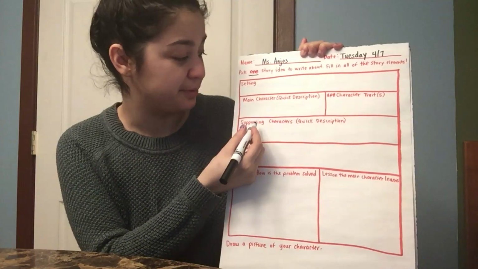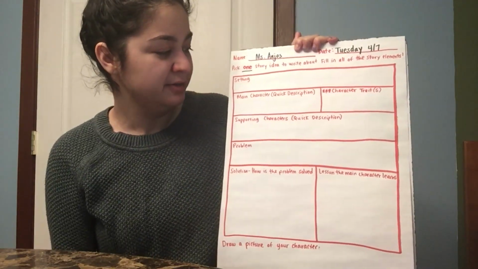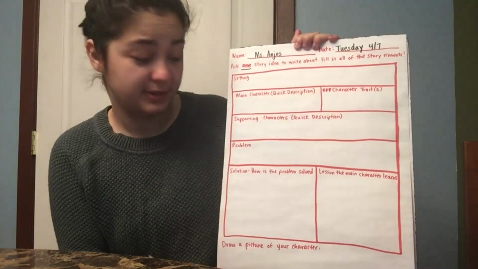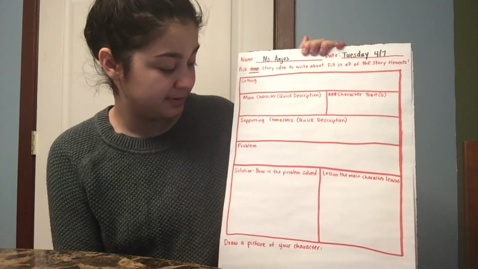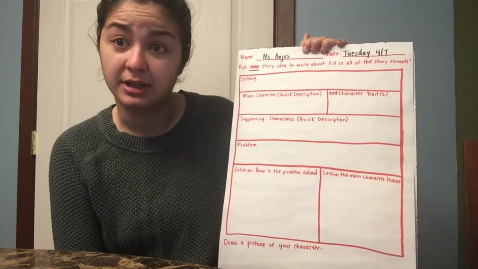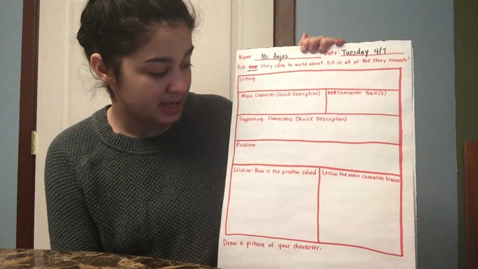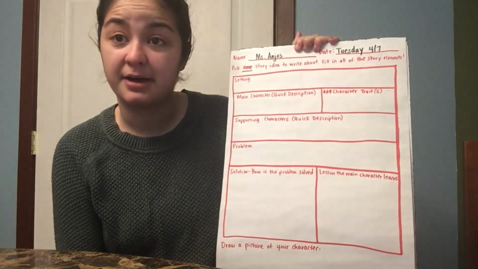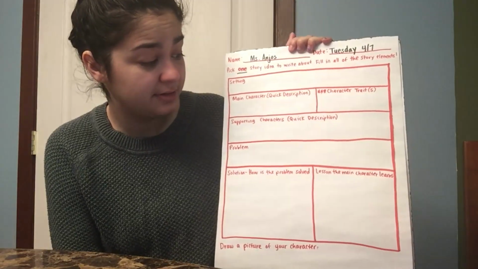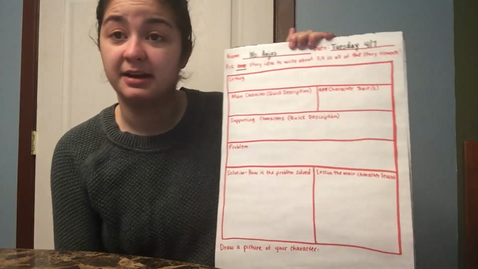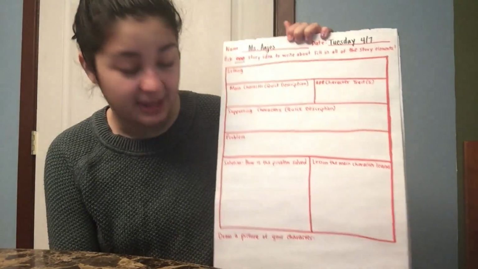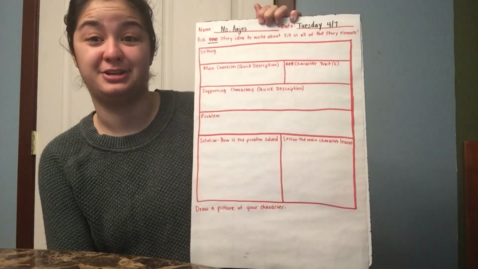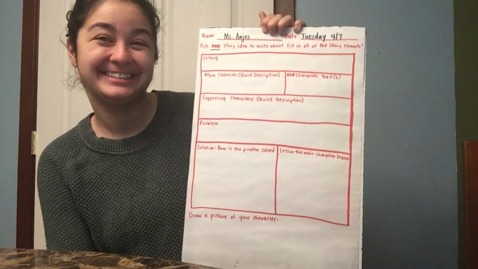I think of my supporting characters, who are the people that are involved with the main character. I think of my problem, which is what goes wrong in the story. My solution, which is how the problem is solved. The lesson the main character learns that they can use for their life. Then at the end, you're going to draw a picture of your character.